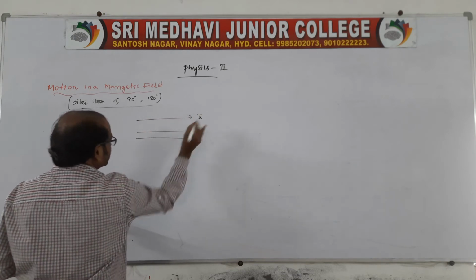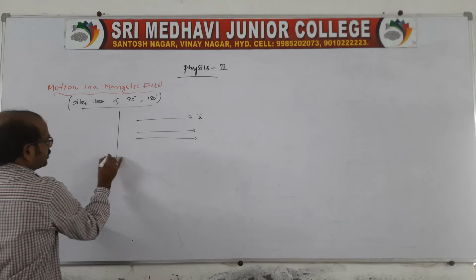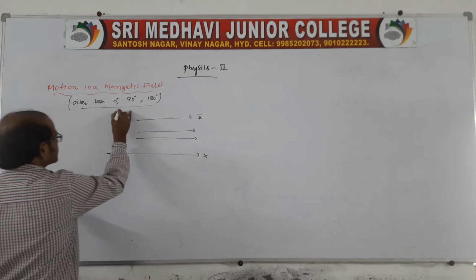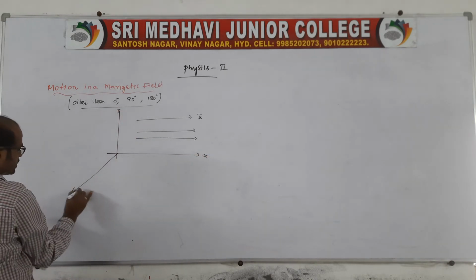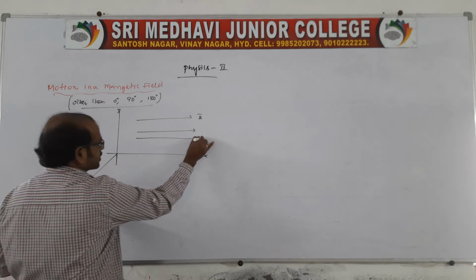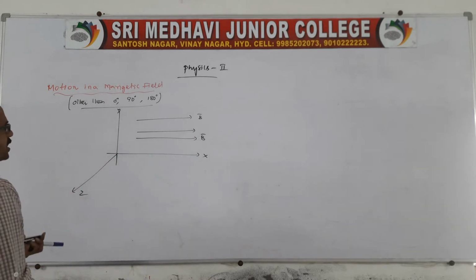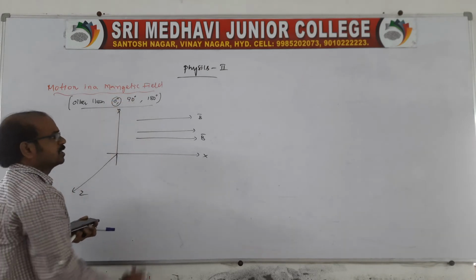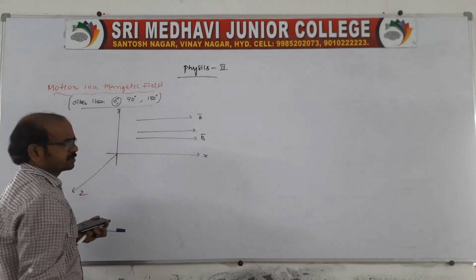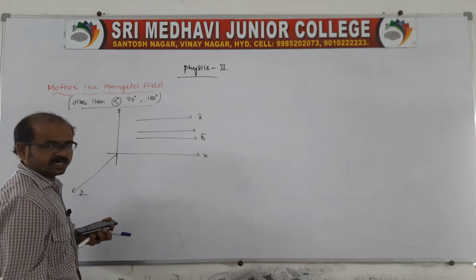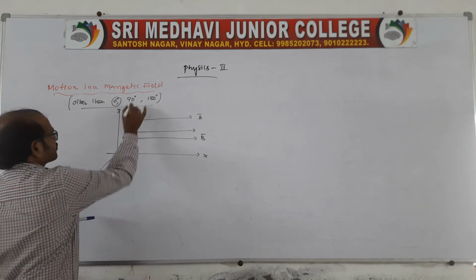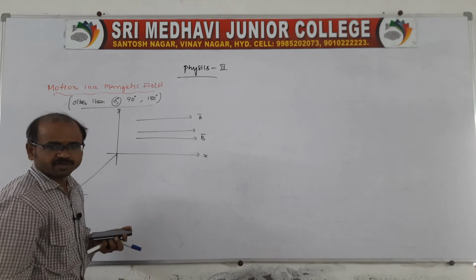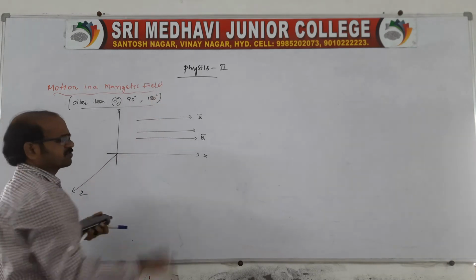Take x-axis like this, y-axis, and this will be the z-axis. If a charged particle enters at 0 degrees, that means parallel to the magnetic field, there will be no force. Is there any force? No. If 90, of course it is maximum, we already know, and at 180 also there will be no force.